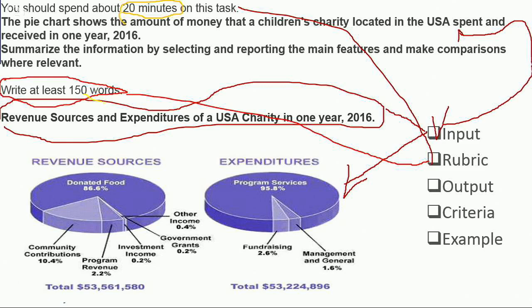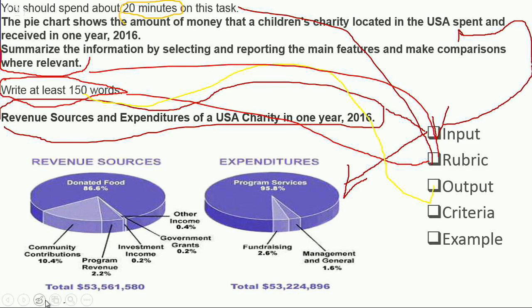So the result must be at least 150 words. Another part of the rubric that also characterizes the output is summarize the information by selecting and reporting the main features and make comparisons where relevant. So here, yes, this is the rubric as well, but this part of the rubric also characterizes the target output.